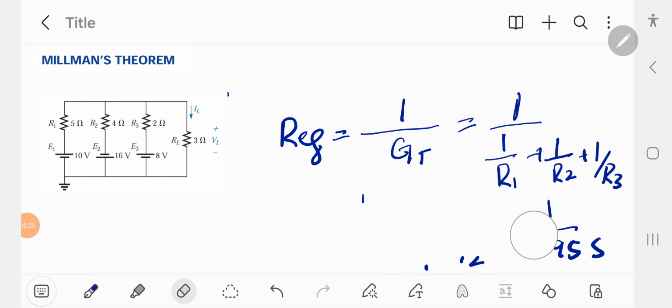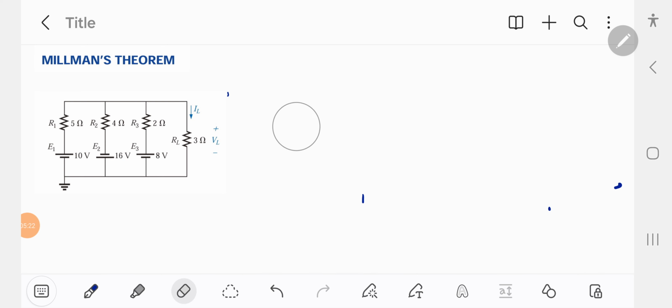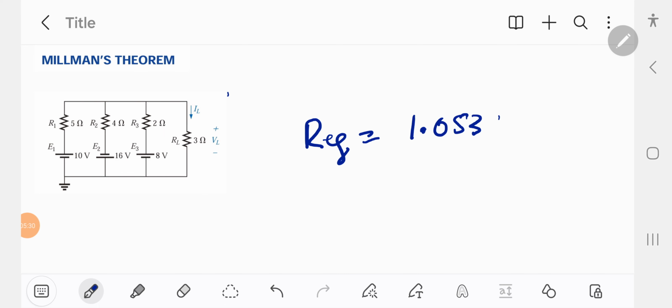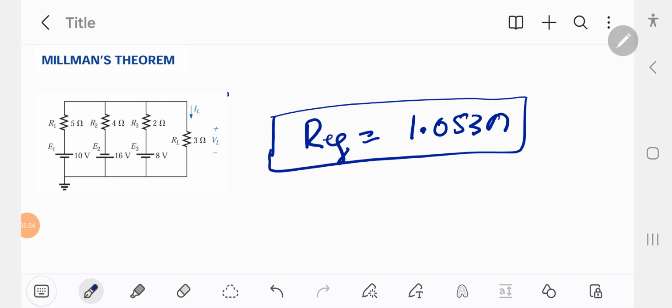Now R equivalent is equal to 1.053 ohm. So we already found two terms of Millman's theorem.